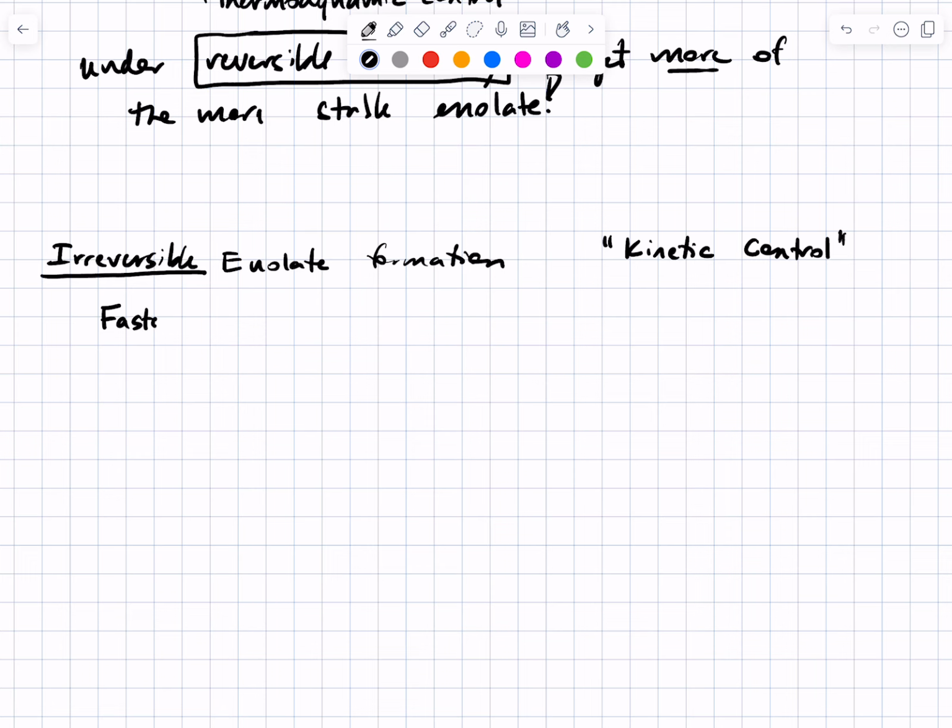The product that is fastest to form is the major product because you can't go backwards. And so as soon as you form product, you're done. So it's just a race, and the winner is the one that forms fastest.